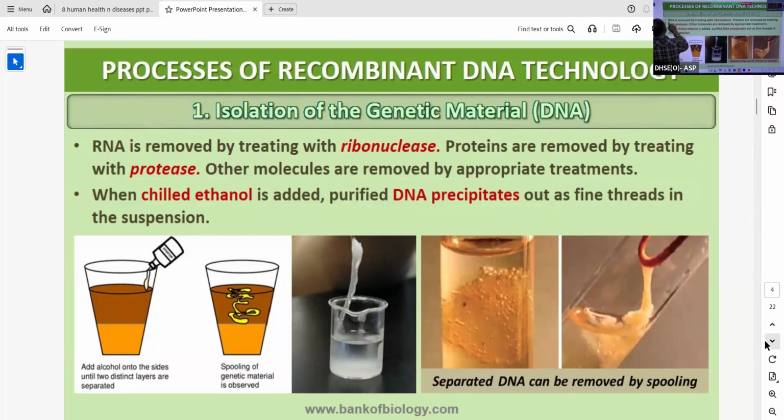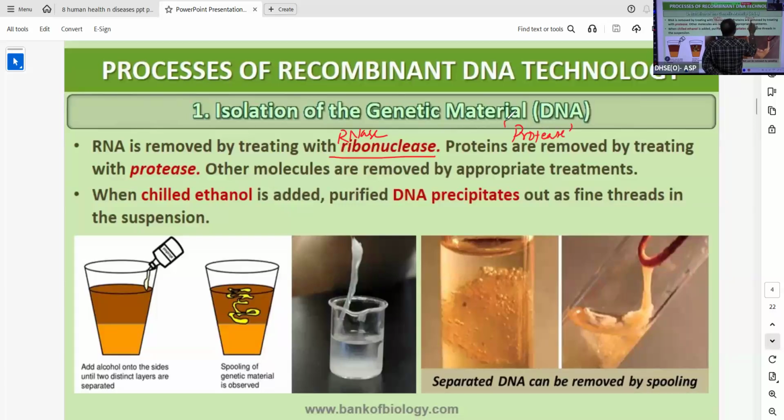Now the RNA is removed. How will we remove it? By using RNase, that is ribonuclease. Proteins can be removed by using protease.